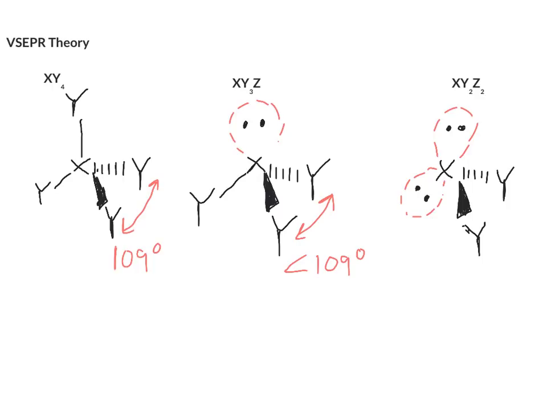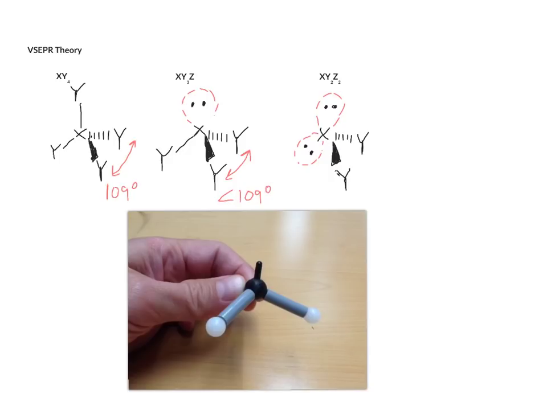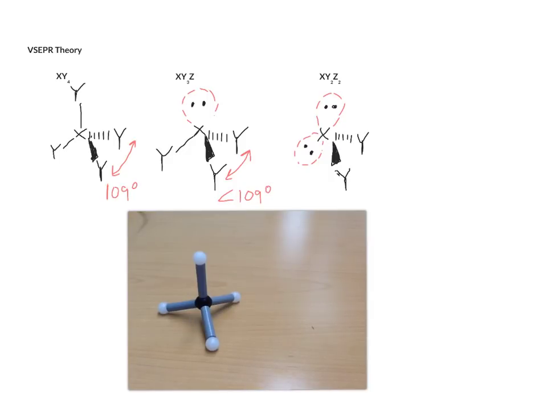So what I'm going to do is switch to video and look at these structures in real life. Here's a picture of the tetrahedron. Wedge coming out, dash going back.